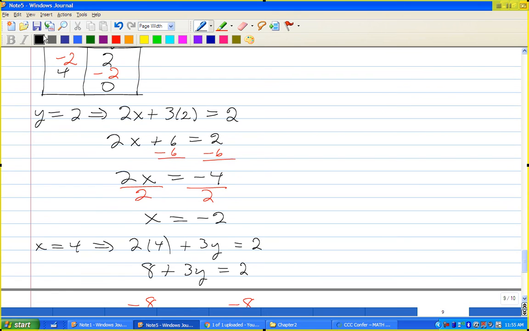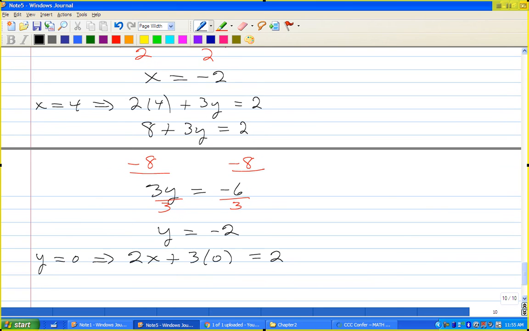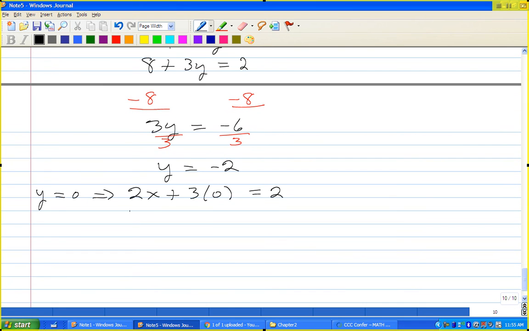Lastly, I have when y is 0. 3 times 0 is 0, plus 2x is 2x.